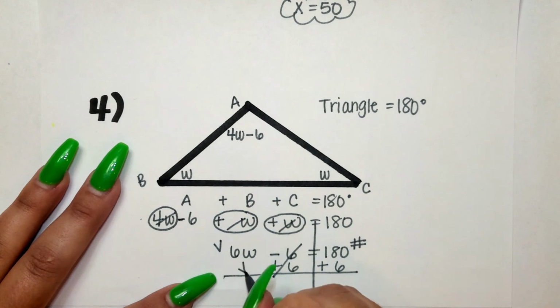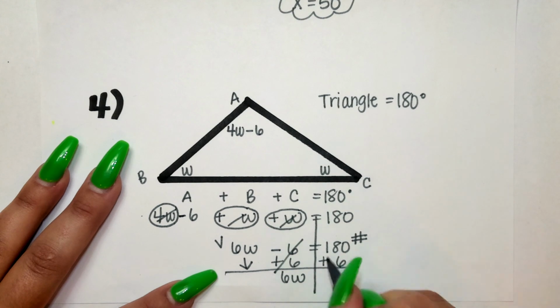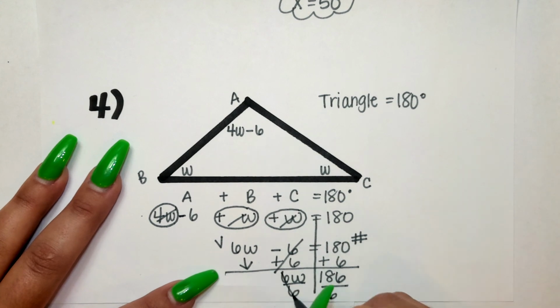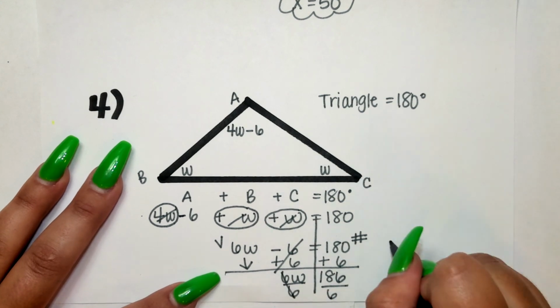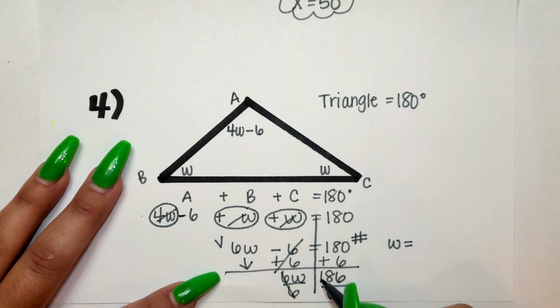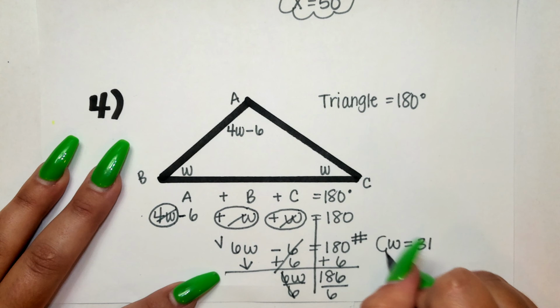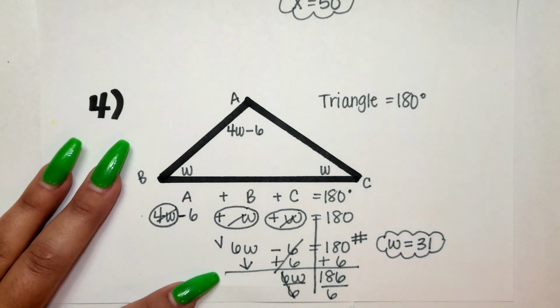I'm going to bring down the 6W. 180 plus 6 is 186. Now I can divide both sides by 6 since it's next to the variable. Divided by 6, divided by 6. Can cross those off, and I'm left with W equals 186 divided by 6 is going to be 31. So W equals 31.